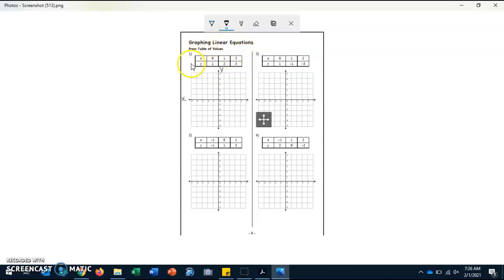Today we are actually going to just graph what we have right here in this table already. So if it helps you, you can write your x and your y's for all of your graphs. That way you don't get confused. The horizontal one is your x, and the one going up and down, your vertical, is your y.